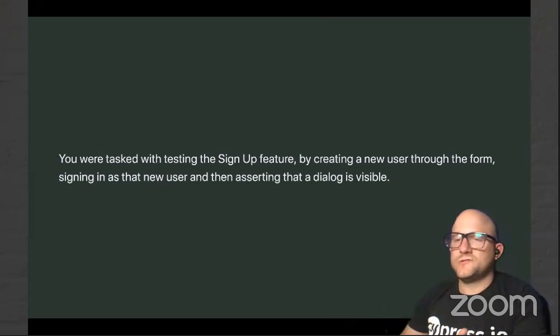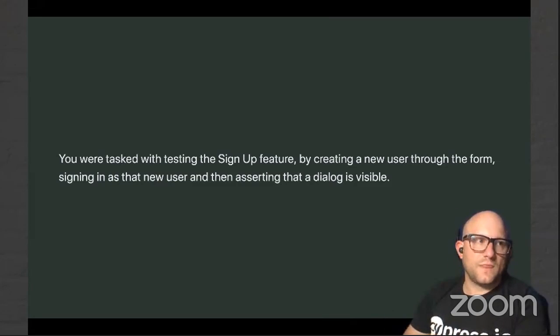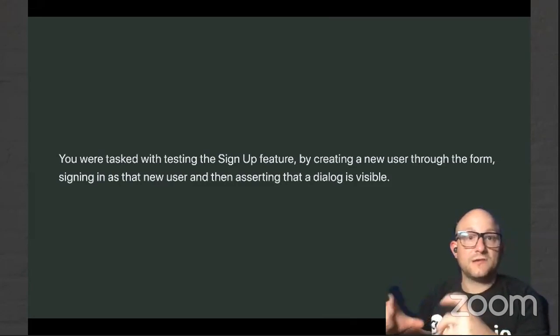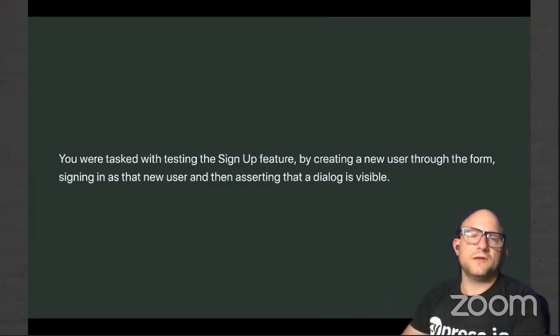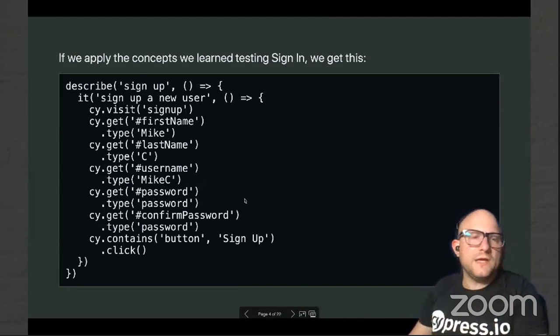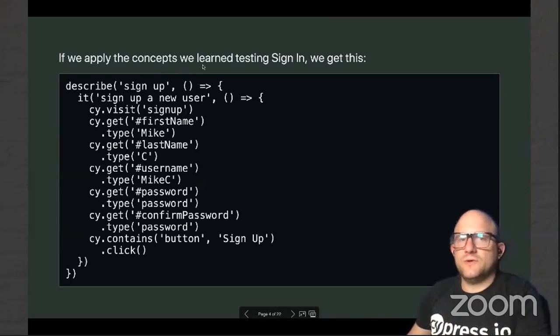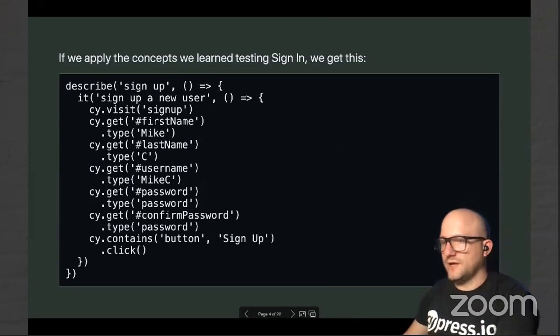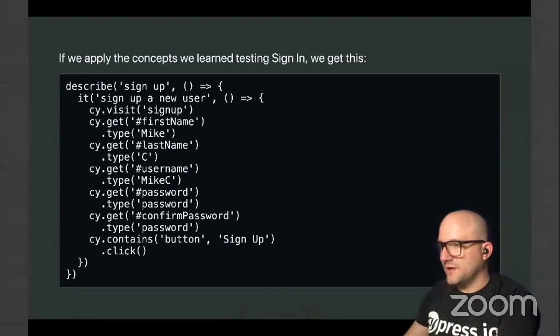New users are then supposed to see a dialog box that says getting started, a kind of welcome onboarding. If we apply the concepts we learned to signing in, this is what it looks like. I'm going to live code this up for you and show you how it works.